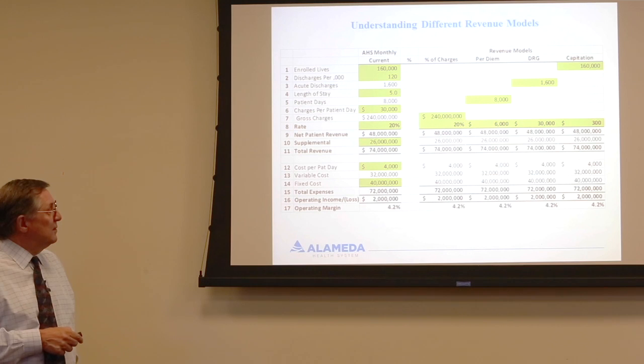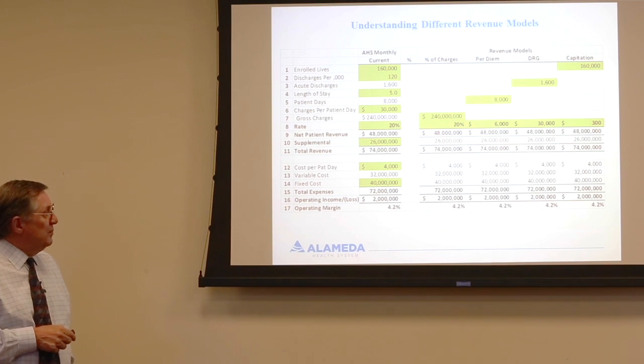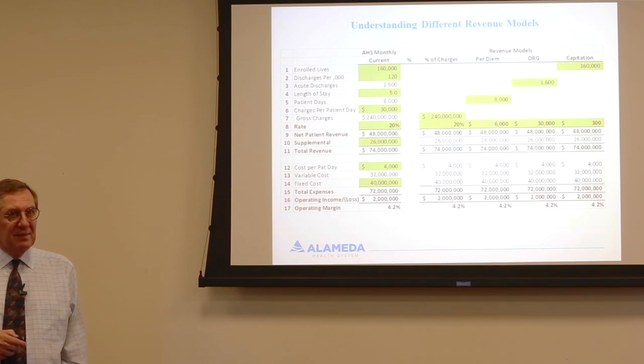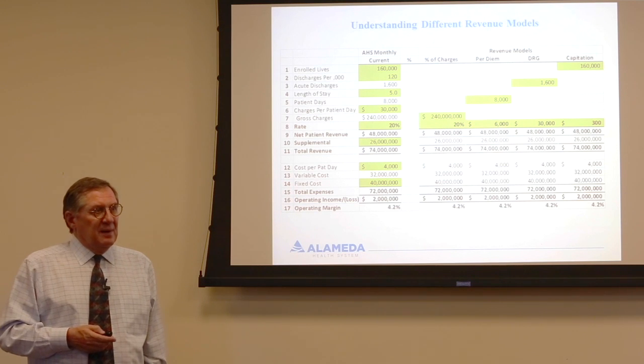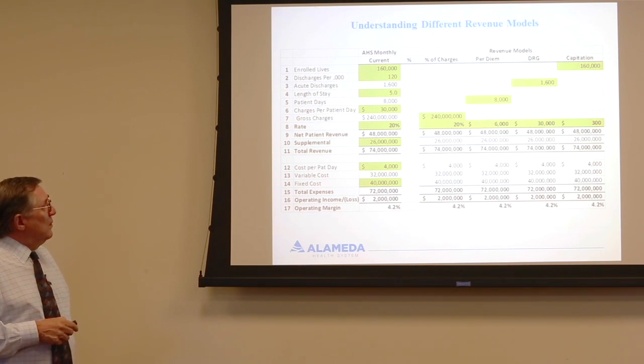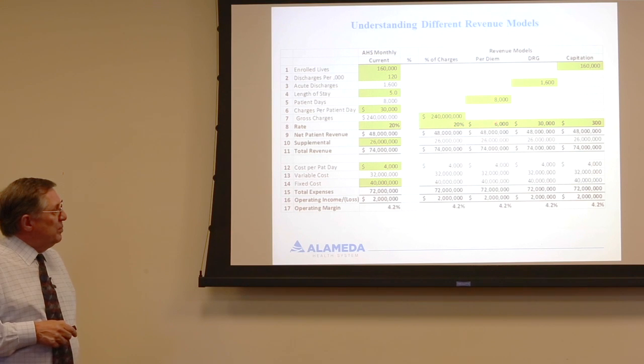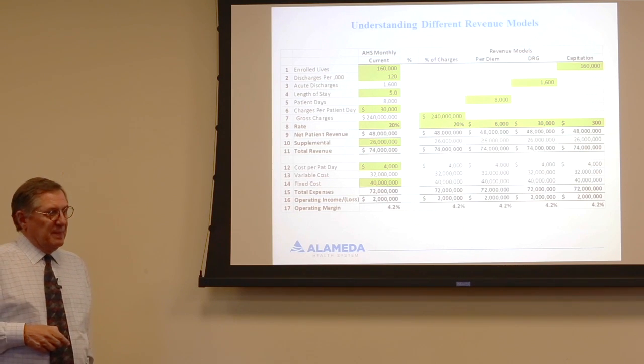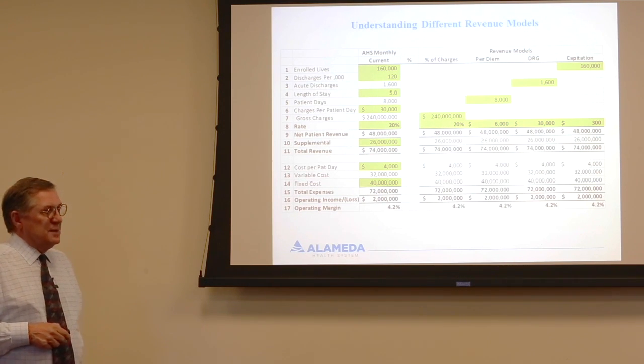Okay, so we would get 240 million times 20%, 48 million. Okay, that's one example. Now, what if instead of that we had a contract that said, we're not going to pay you on charges, but we'll pay you on days. And so you have 8,000 days, we'll pay you $6,000 a day. And that's $48 million, same thing, right?